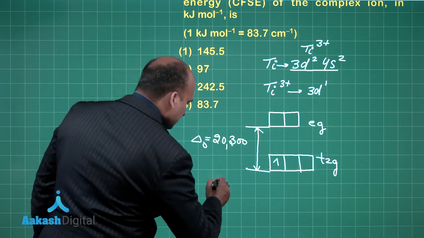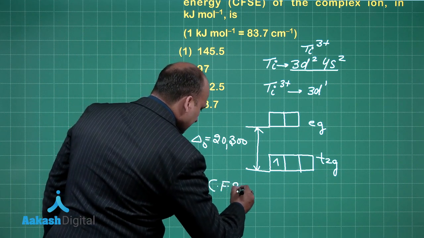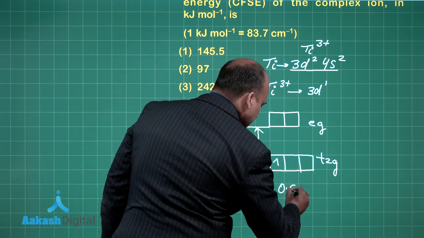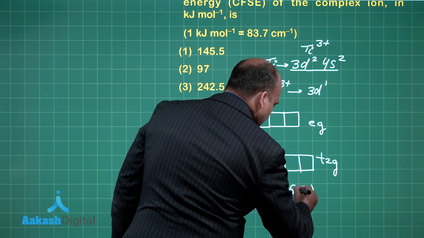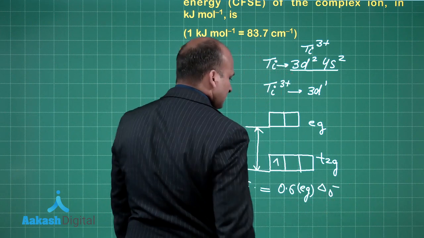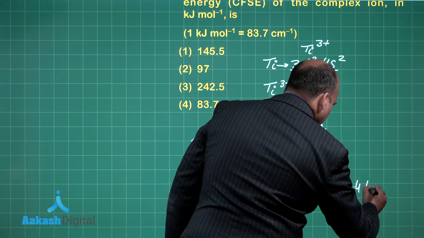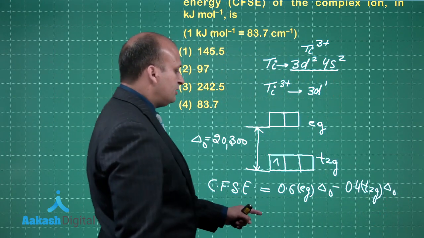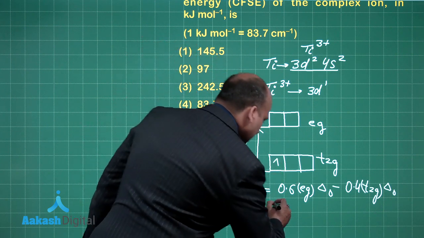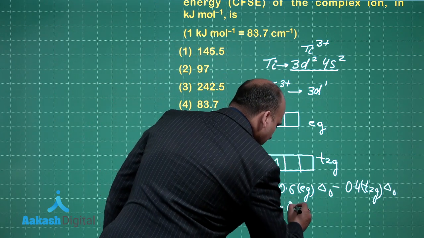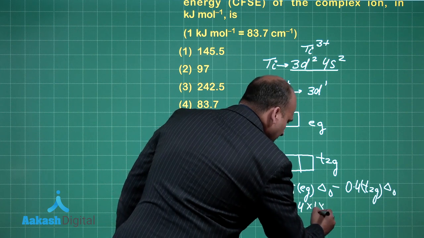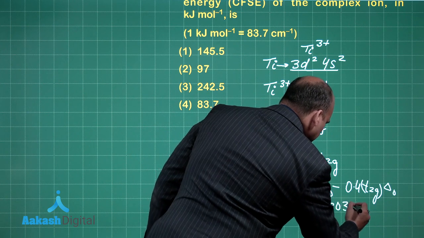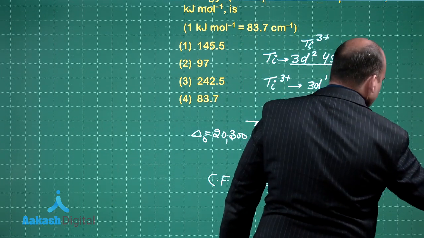So when I calculate the CFSE, this is minus 0.4 times the electrons in T2g into delta naught, plus 0.6 times the electrons in Eg into delta naught. Now as you can see, there is no electron in Eg, there is only one electron in T2g, so you will be getting minus 0.4 multiplied by 1 multiplied by the value, 20300 centimeter inverse.